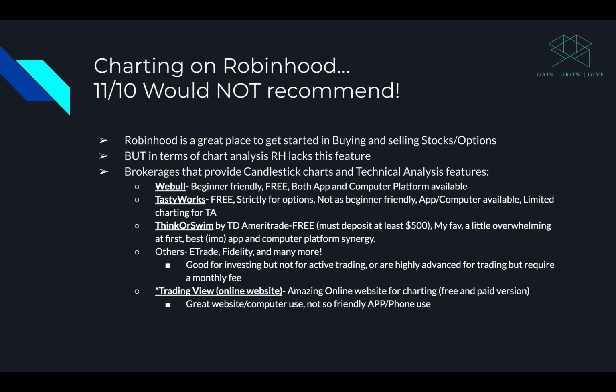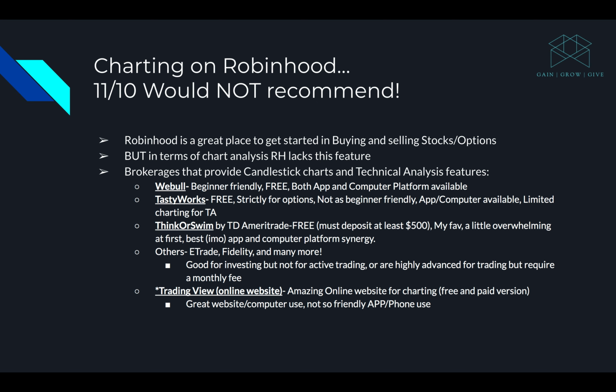Okay, so most beginners start on Robinhood, and I, 11 out of 10, would not recommend this, just because Robinhood is very simplified. It's easy. It's great for the beginner, but the data is limited, and data in the markets is your best friend. So the next best thing I would recommend is probably Webull.